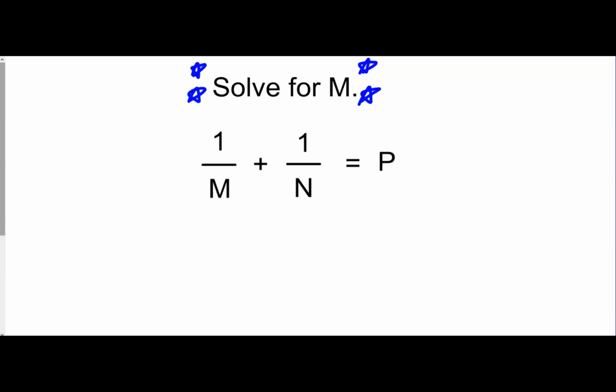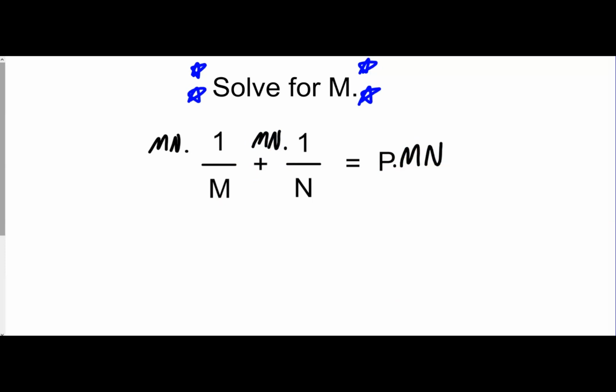Okay? So, step 1, again, from what we talked about, we need to multiply by the LCD. We got to clear the fractions. There's two denominators, m and n. Well, that is your LCD. So everybody's going to get multiplied by m and n.